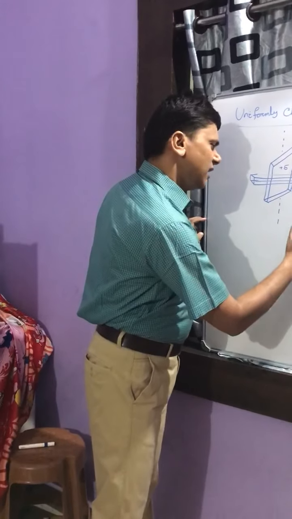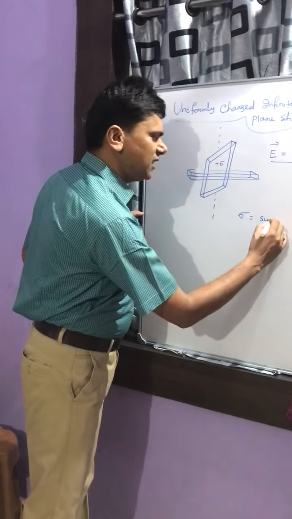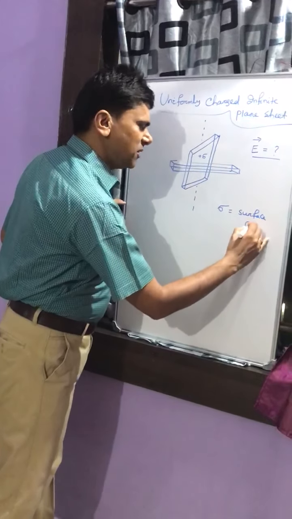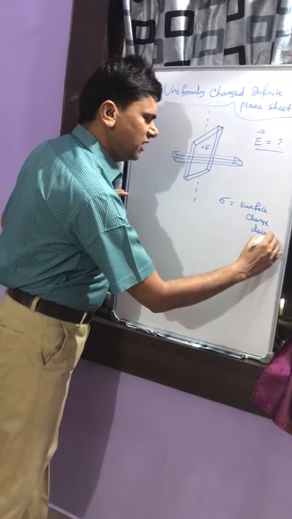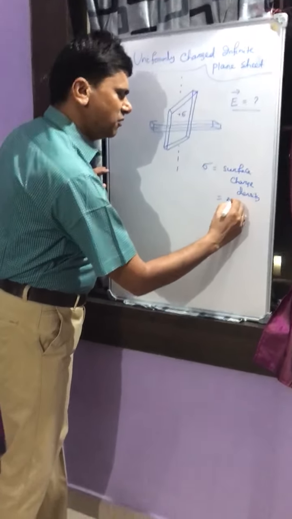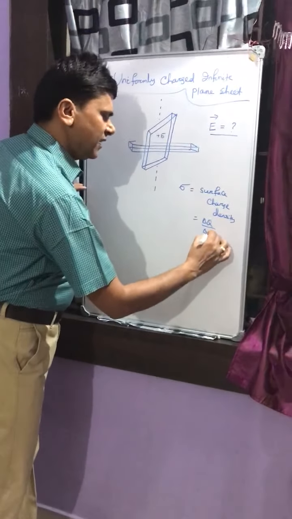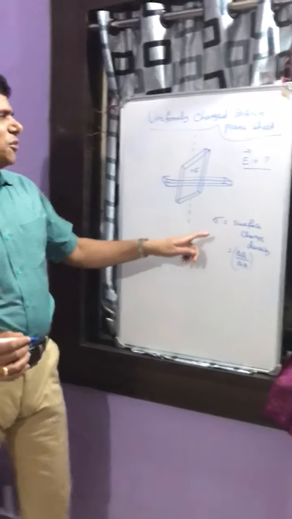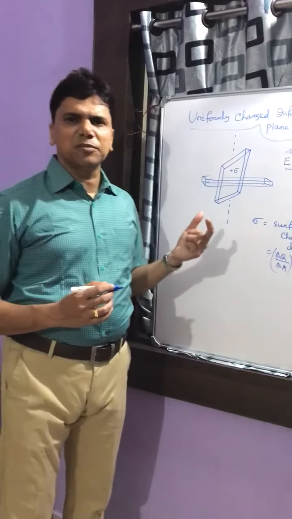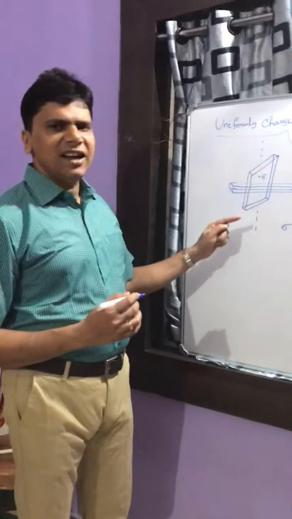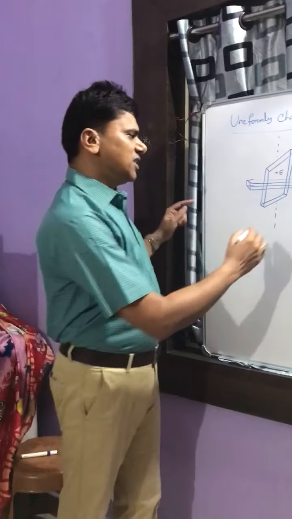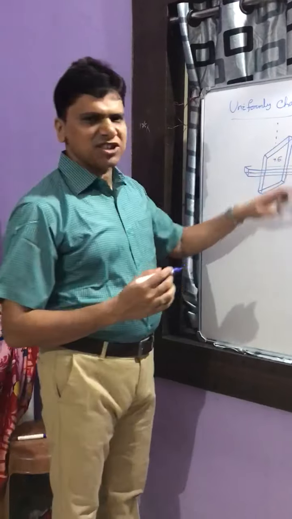Here sigma is the surface charge density, which is simply delta Q by delta A, where delta Q is the small amount of charge in a small area delta A. So this sigma is called surface charge density.